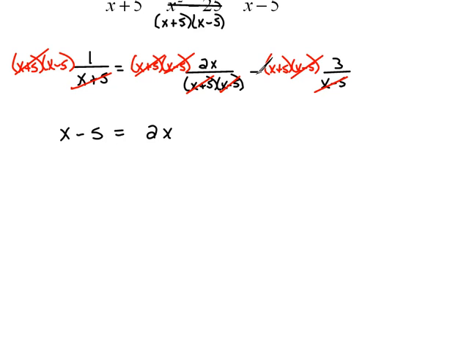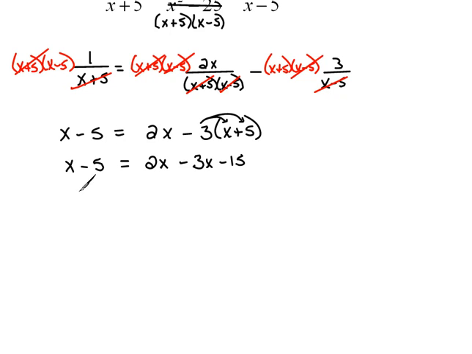So we have a minus x plus 5 times 3. I'm going to write this as minus 3 times x plus 5. I like to write the monomial first. And now we need to distribute out our negative 3 before we can go any further. So this will give us x minus 5 equals 2x minus 3x minus 15.